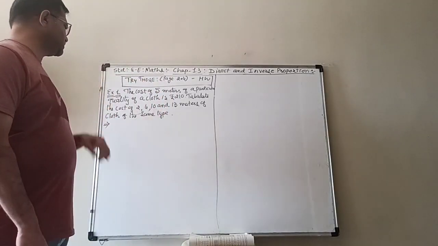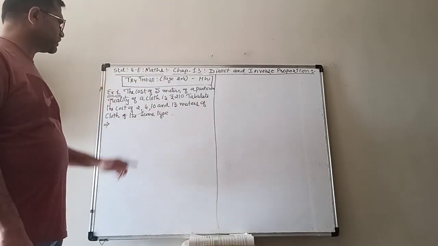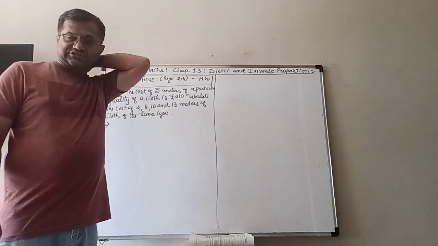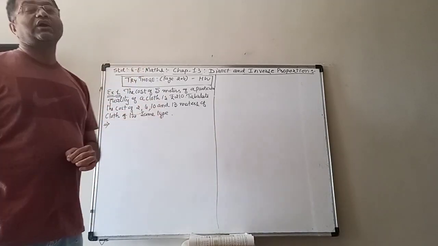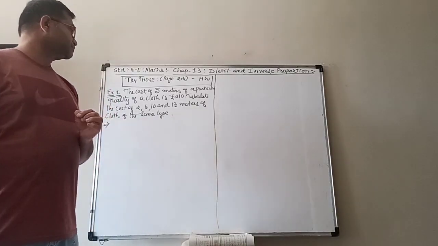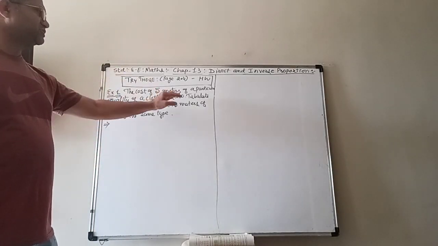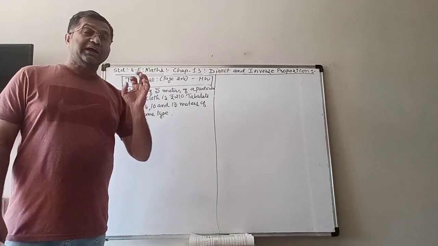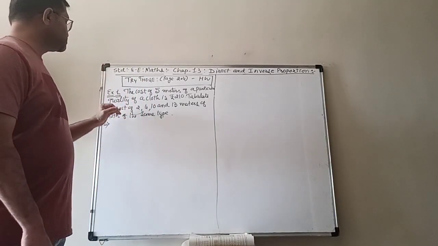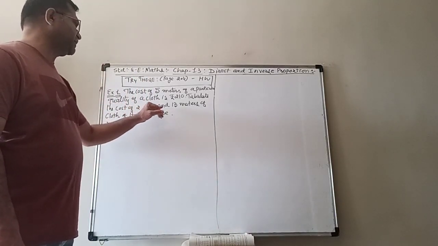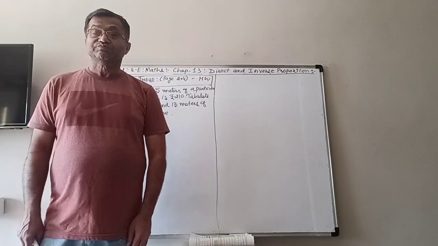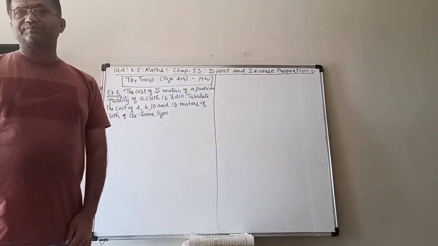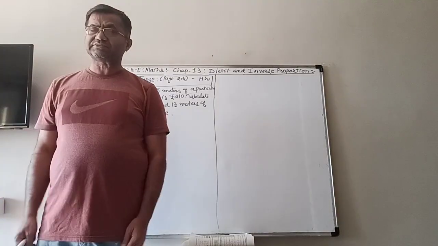Let us do example number 1. The cost of 5 meters of a particular type of cloth is rupees 210, and we have to tabulate the cost of 2, 4, 10 and 13 meters of cloth of the same type. Here you can see that there are two variables.